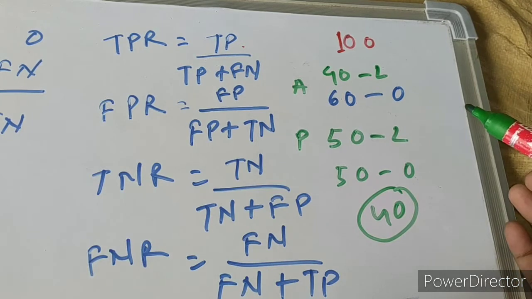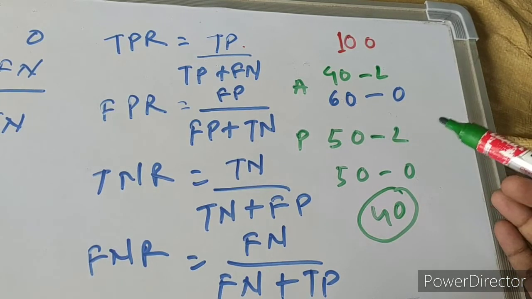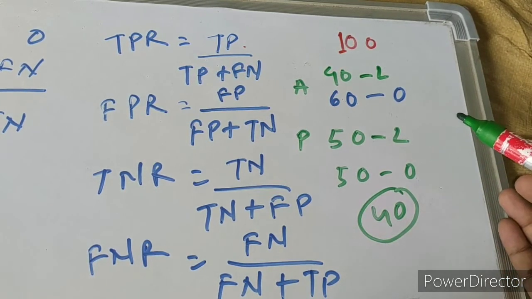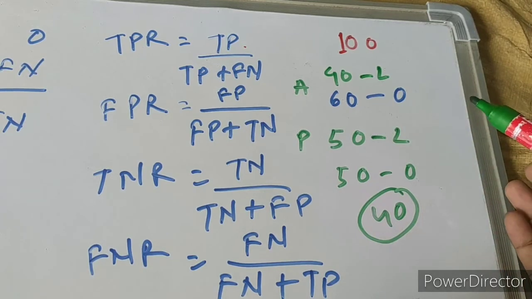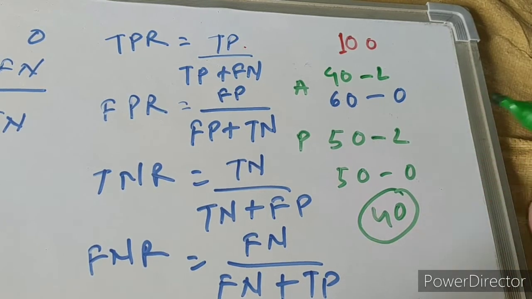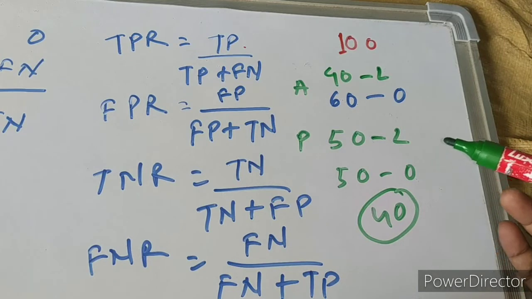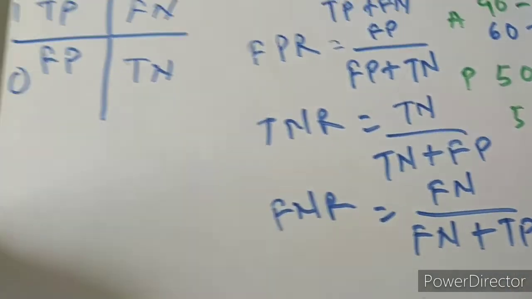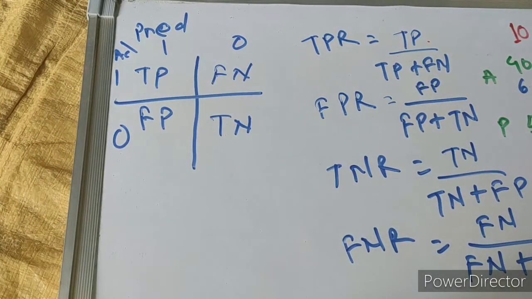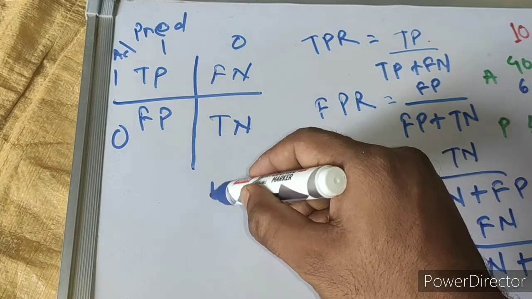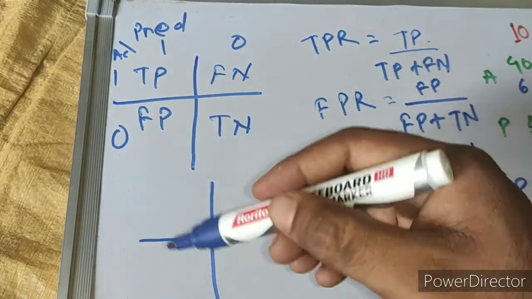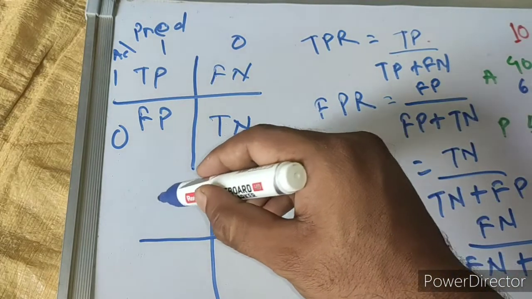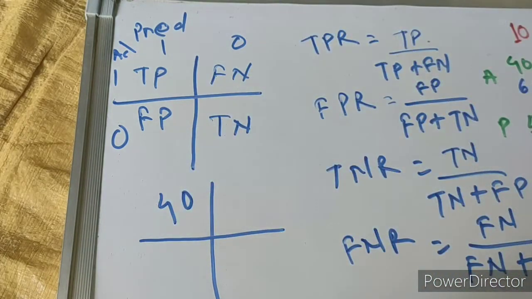There are some 10 other fruits which are not lemon, but those are incorrectly classified. So that goes to false negative. Like that, if we are considering false positive rate, if you simply put it into the confusion matrix, your confusion will go away. True positive is 40.